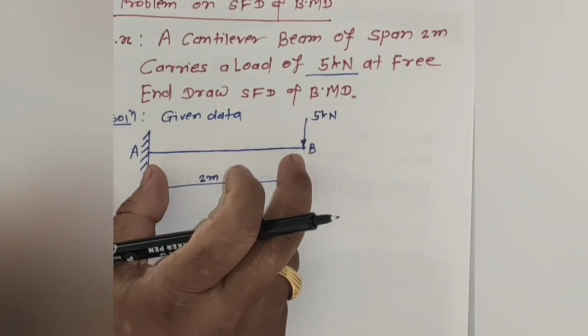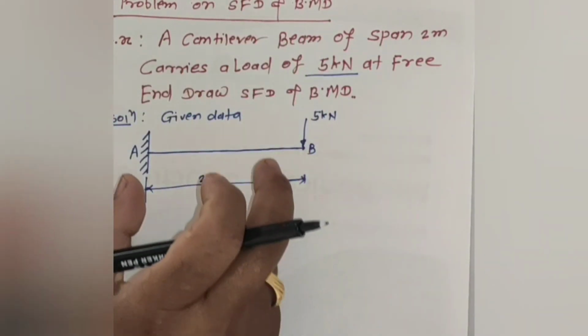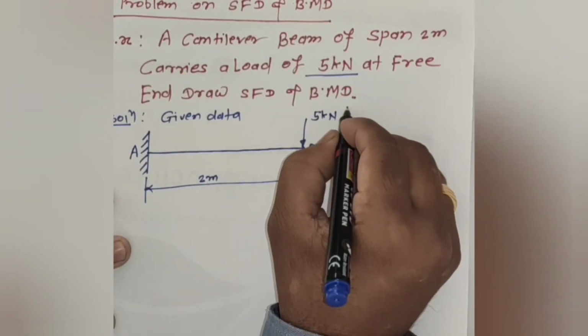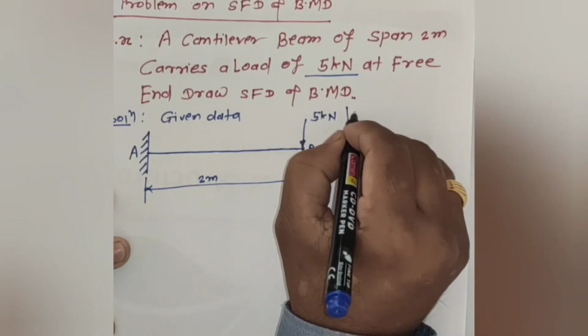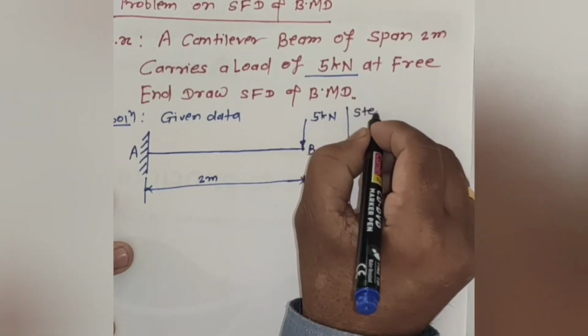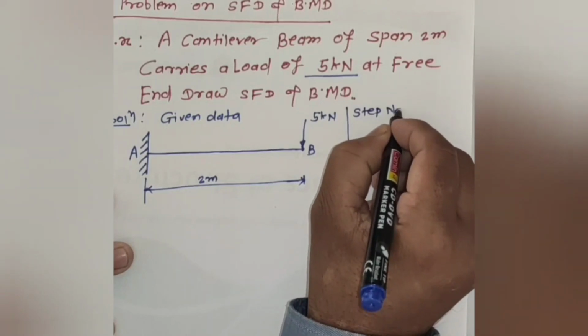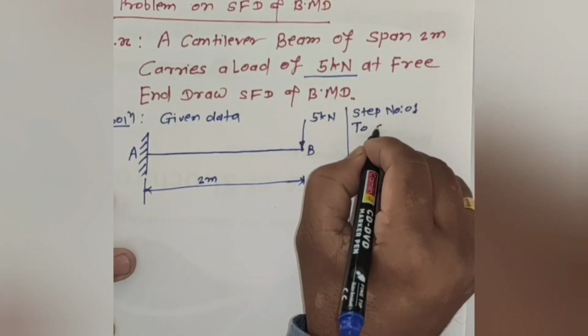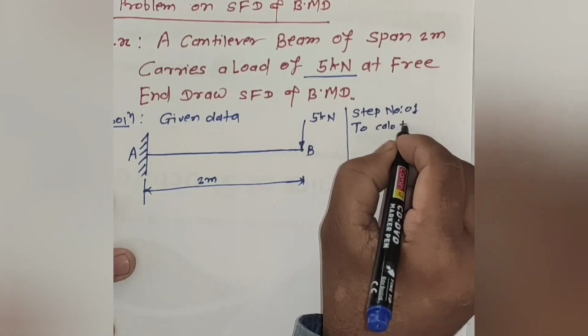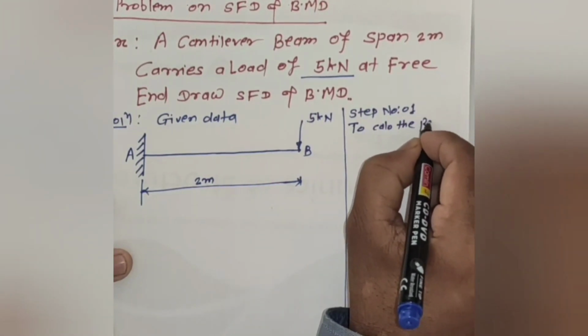This is the diagram. You have to read the example and draw the diagram. Then you have to calculate the reaction. This is step number 1, to calculate the reaction.